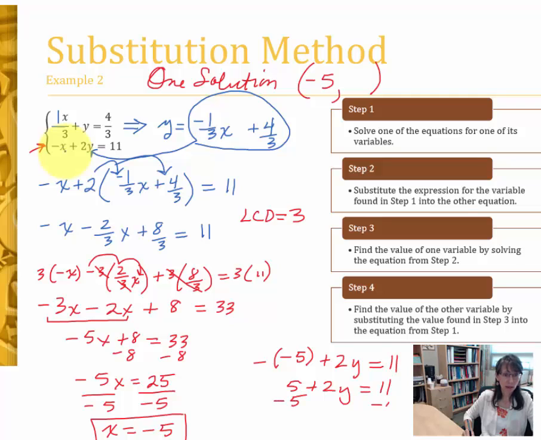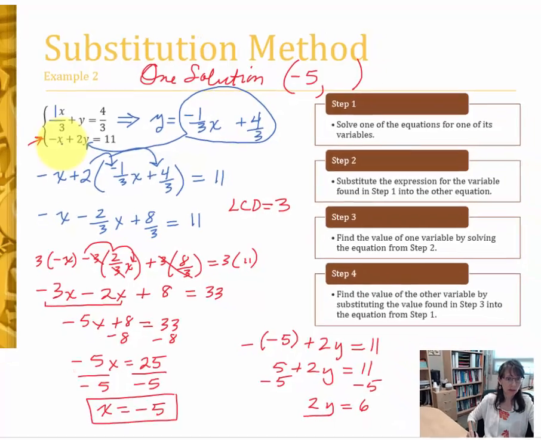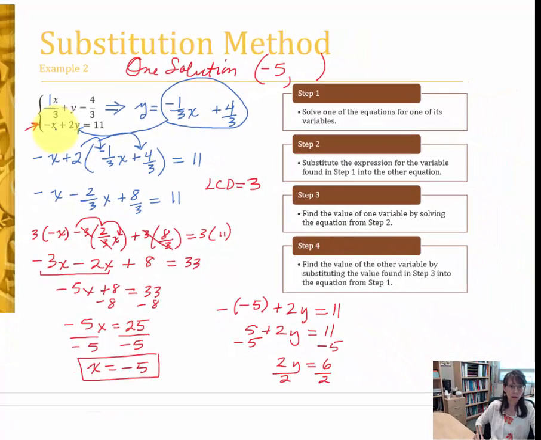Subtracting 5 from both sides of our equation, we end up with 2y equals 6. And now division by 2 means y is equal to 3. So now we have found the corresponding y value, and we can fill the ordered pair in. So we know that this system of linear equations has one solution, and that is the point negative 5, 3.